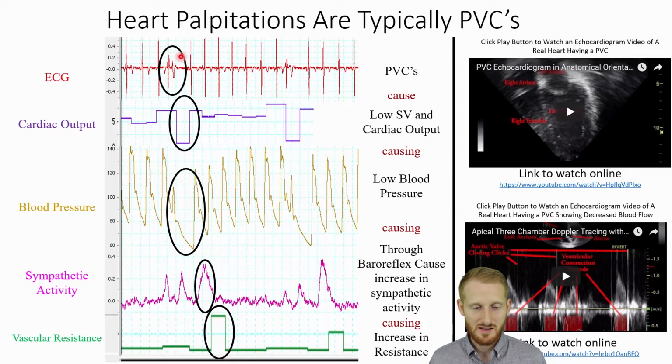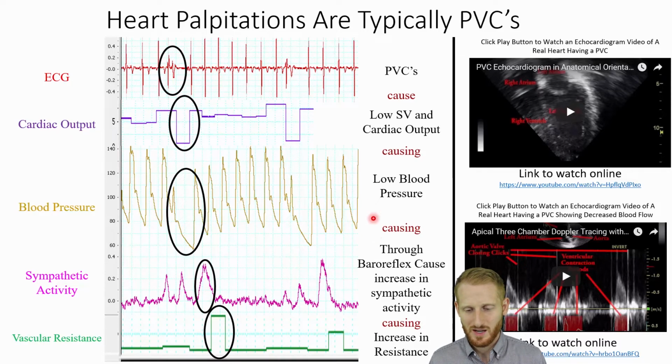So you can see that the premature ventricular contraction caused a decrease in cardiac output. That decreased cardiac output caused blood pressure to plummet. The blood pressure plummeting sensed by the baroreceptors caused an increase in sympathetic activity.